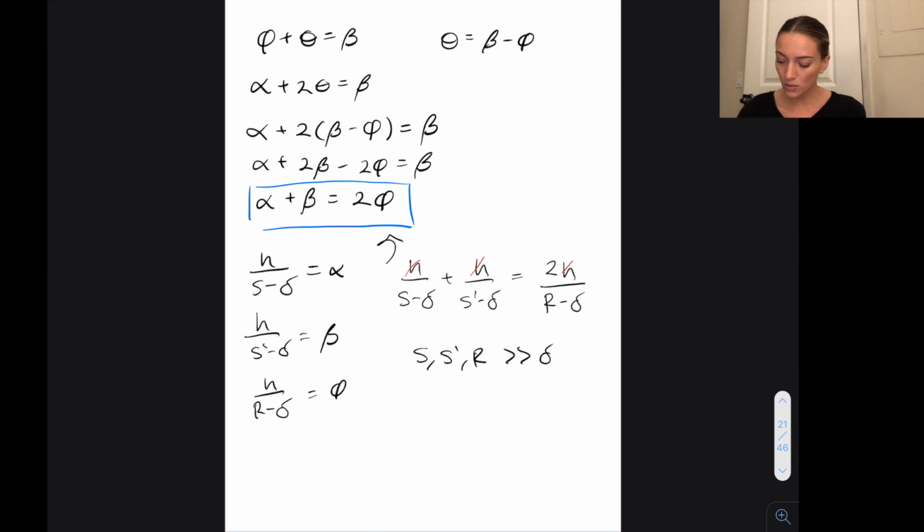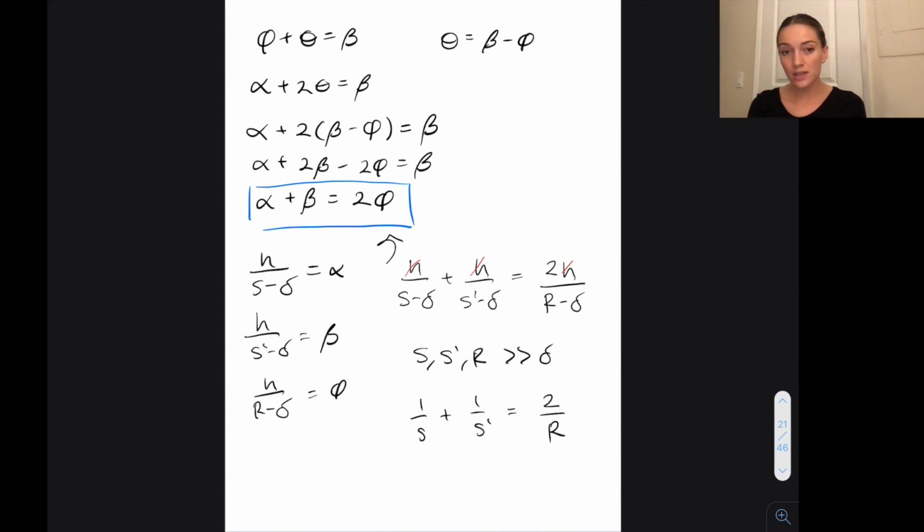So now, since I'm ignoring delta and H cancels out, my new equation is 1 over S plus 1 over S prime is equal to 2 over R. This is my relationship between the image distance, the object distance, and the radius of curvature for a spherical mirror.